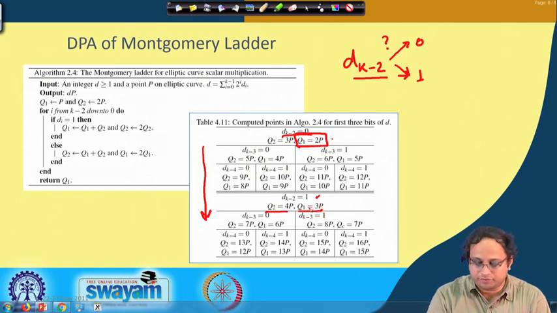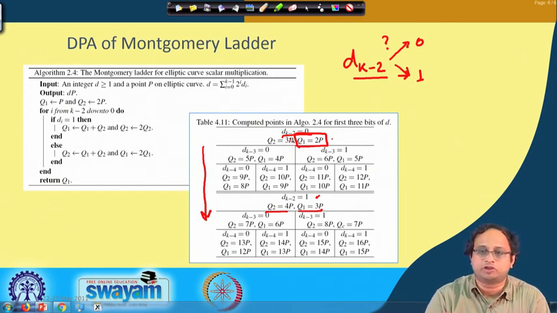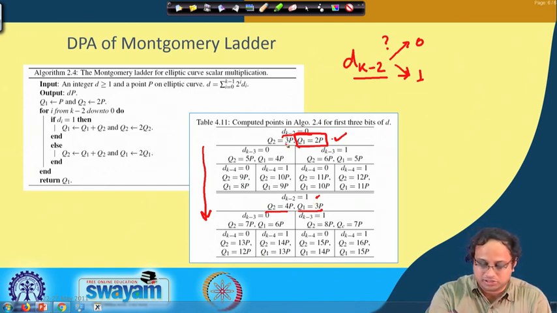So rather than correlating with the value of 3P, it would be more sane to correlate with the value of 2P, because if the key bit is 0, then 2P occurs in one case, whereas 2P does not occur if the key bit is 1. You can see 3P occurs in both cases.